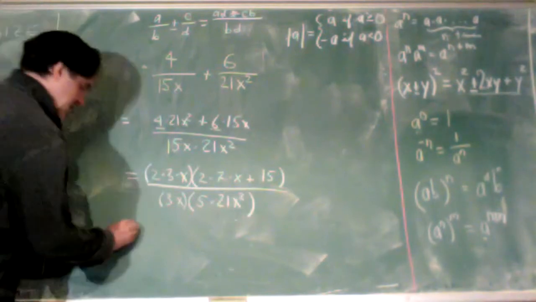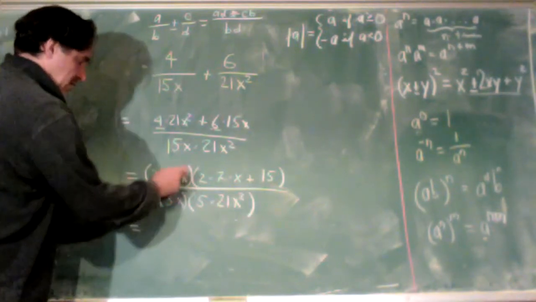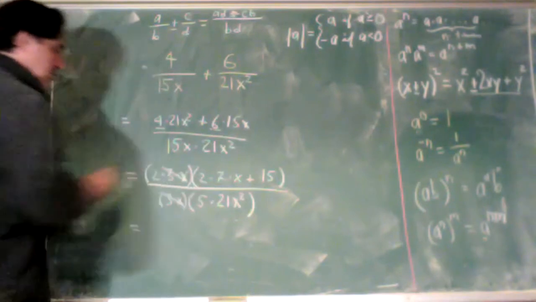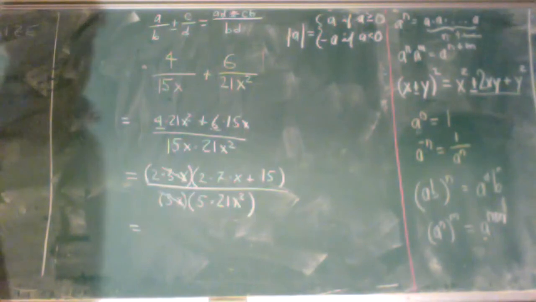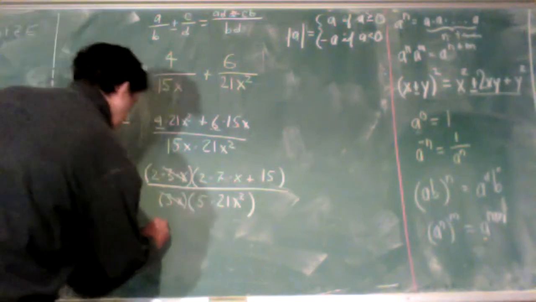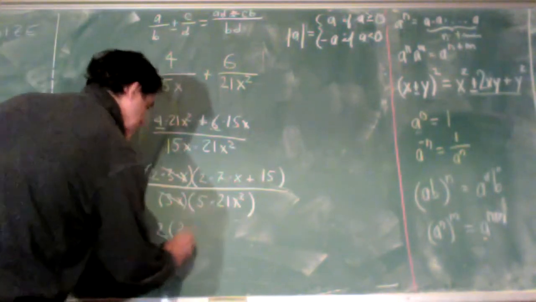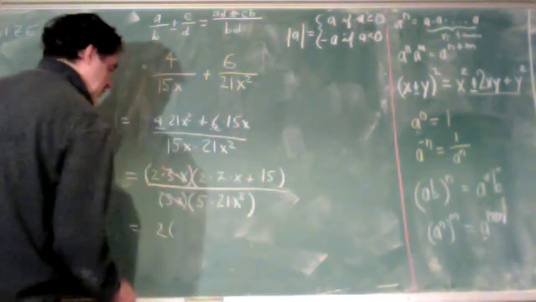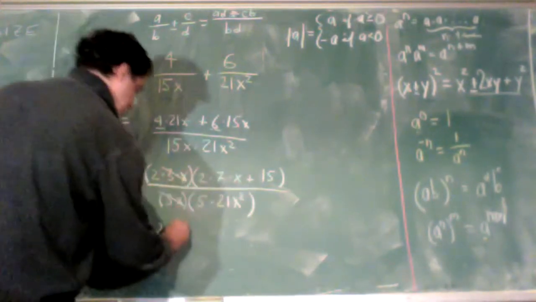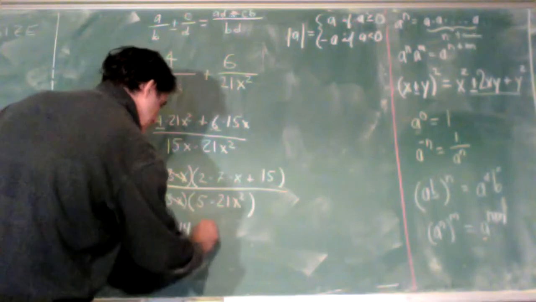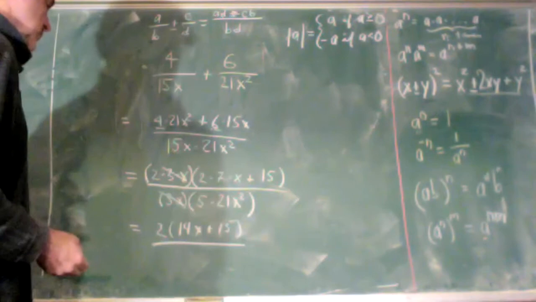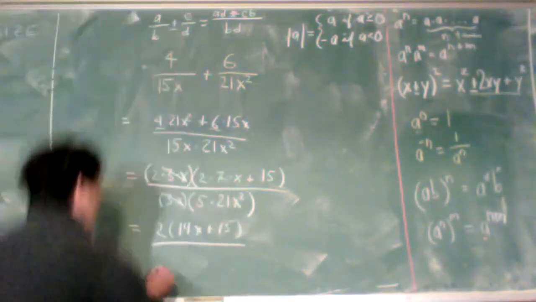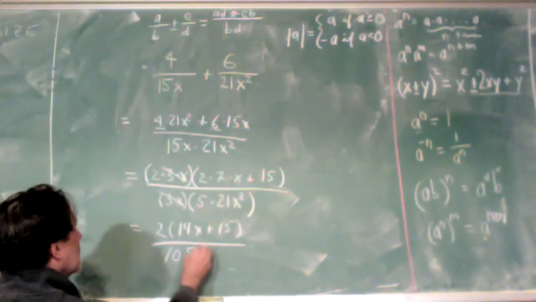Having done that, what do I see to be common? A 3 is common, an x is common. Those cancel. Nothing else that remains is a common factor. So we're done. We've got 2 times 7. I can do the multiplication out now, I suppose. 2 times 7 is 14x plus 15 over 21 by 5, 105x squared.